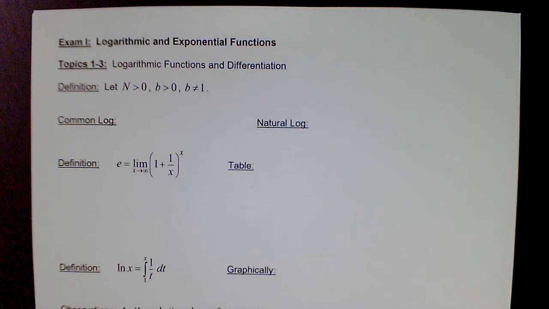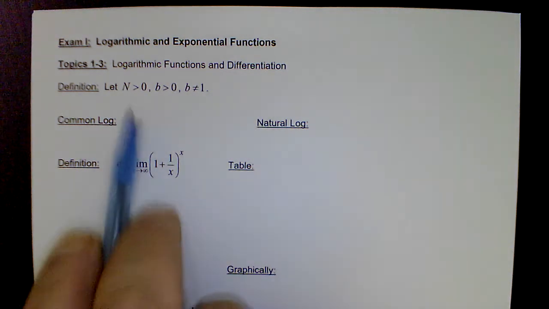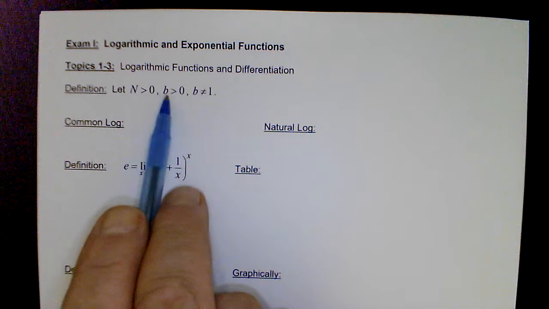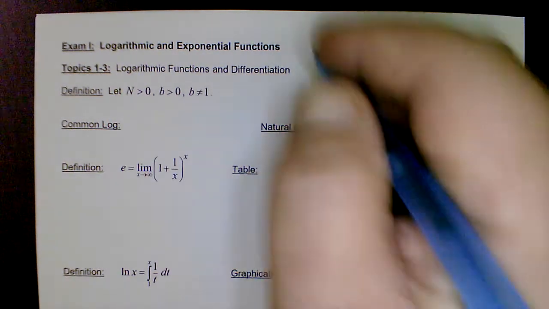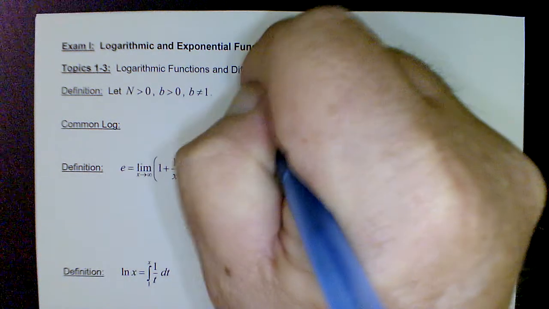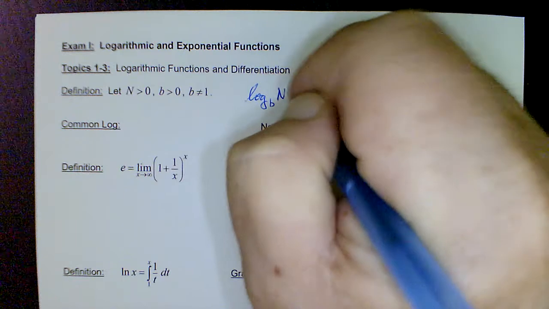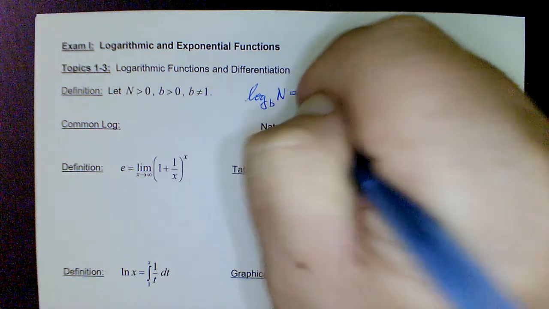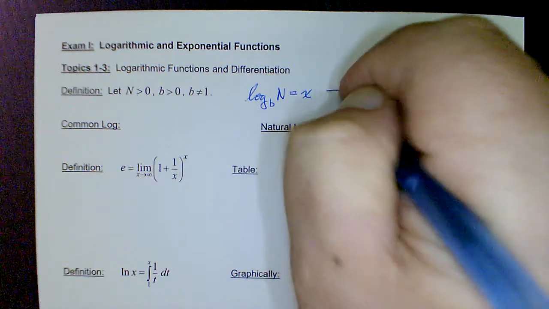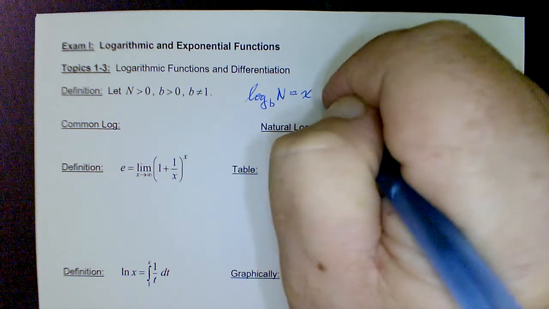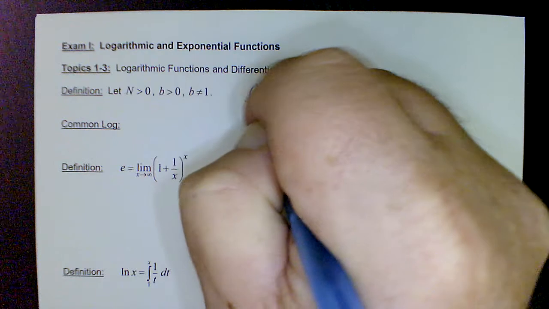So a primary definition for a logarithm is a standard disclaimer: n greater than 0, b greater than 0, b is not equal to 1. We write log base b of n equals x, and that is referred to as our logarithmic form.